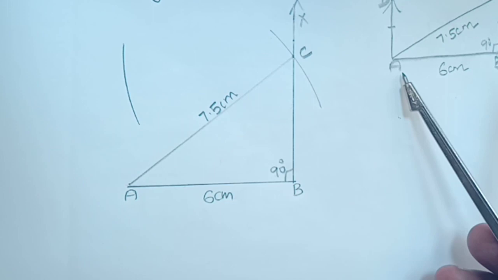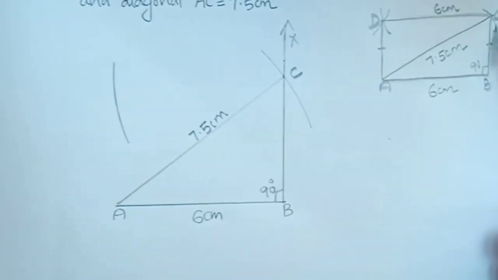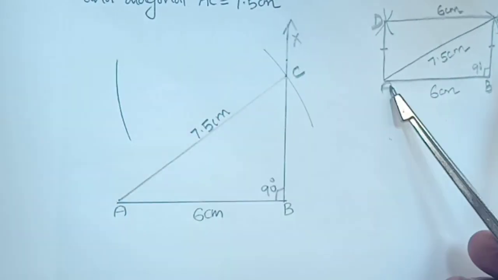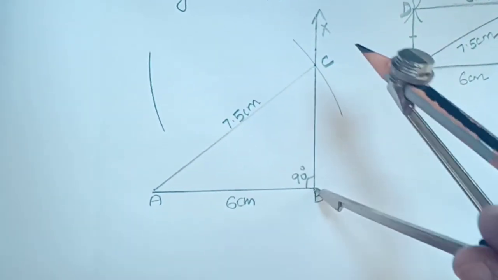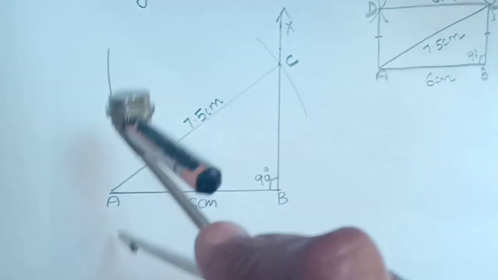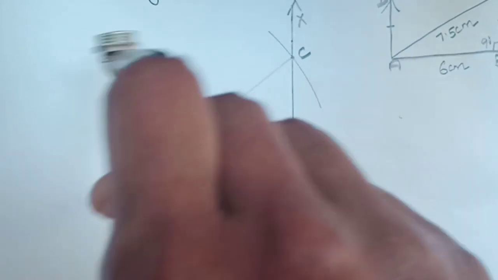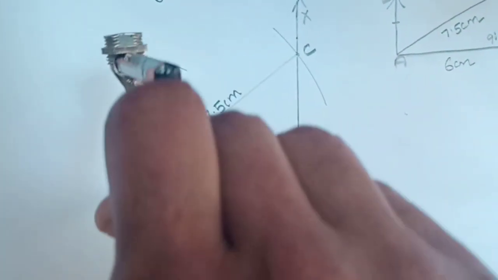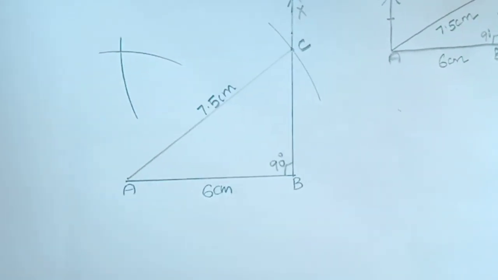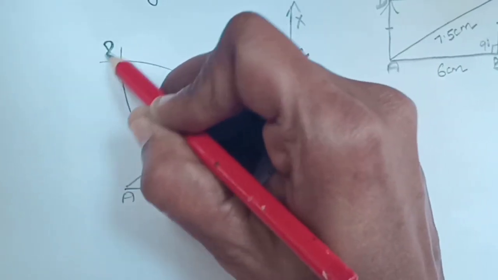Then next step is with A as center and radius equal to BC, draw another arc to intersect the previous arc at D.